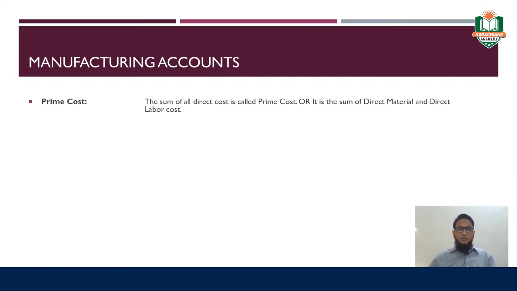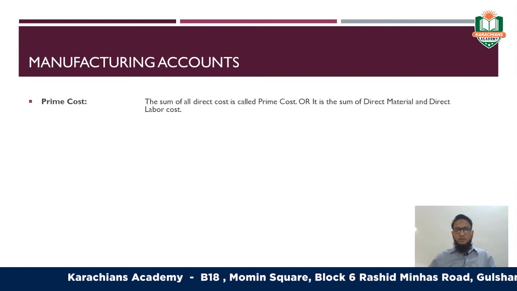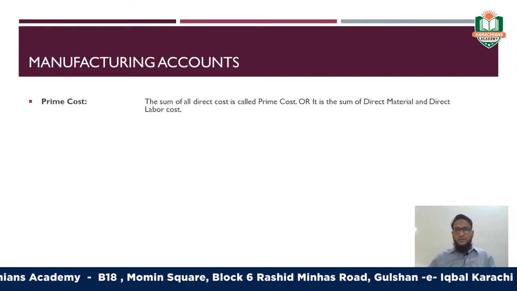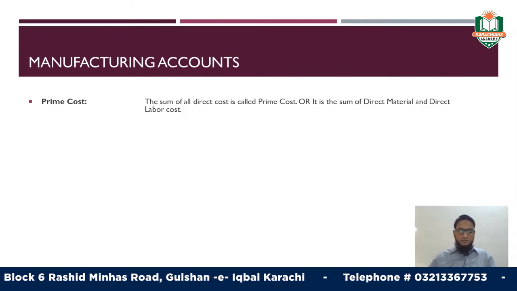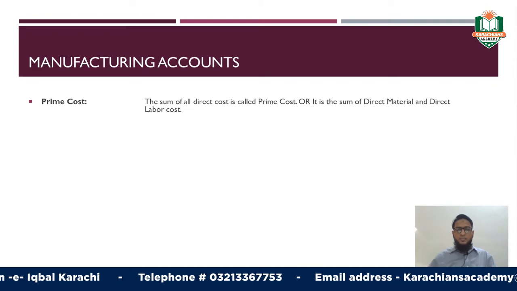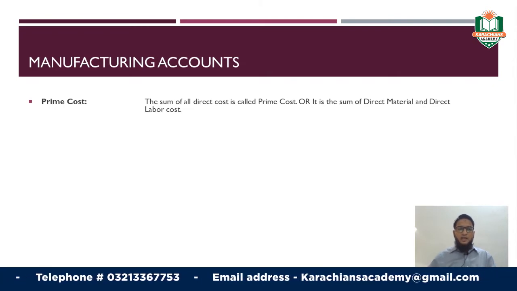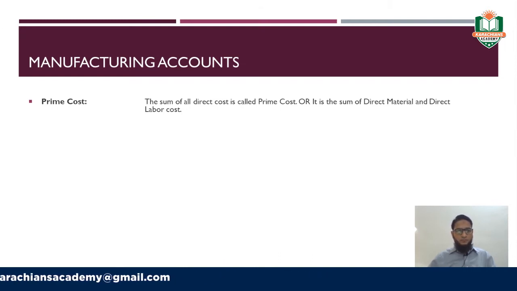The sum of all direct costs is called the prime cost, or it is the sum of all direct material, direct labor, and direct expenses as well, right? It means the prime cost is the sum of all the direct cost incurred in the factory, right?